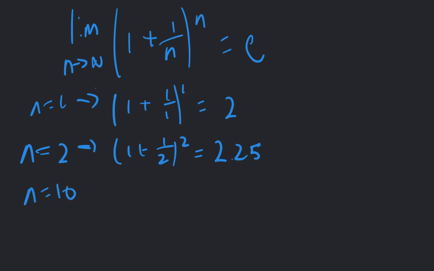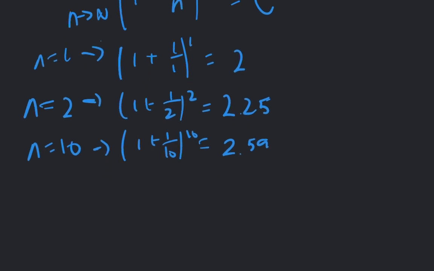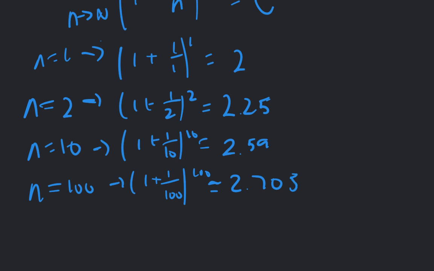Now, if we go to 10, this will give us an even larger value, even closer to what we want. But after a while, these should all be approximately equal. It gets closer and closer. Well, actually, no, that one is equal. It will get closer and closer to e.